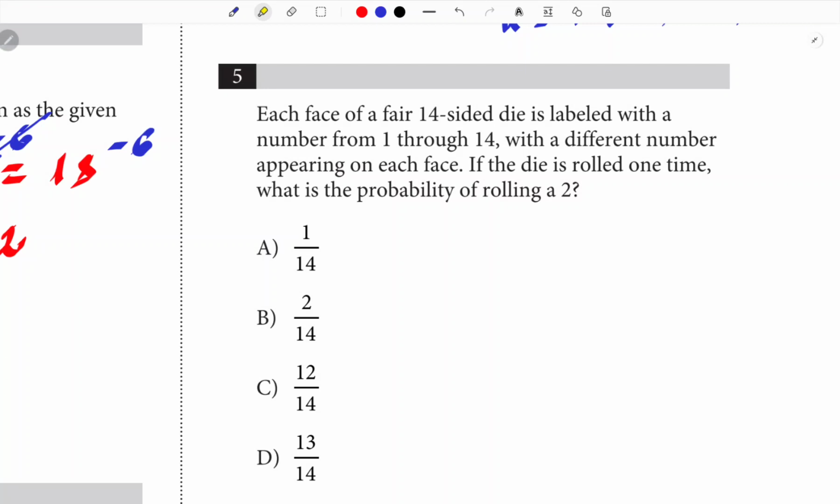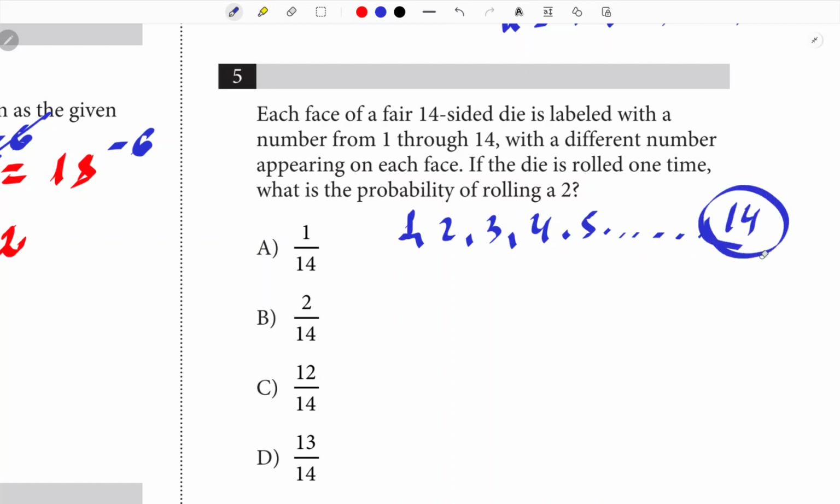It means 1, 2, 3, 4, 5, and at the end we can see 14. It asks what's the probability we see the 2 face. All possible outcomes are 14. 2 appears 1 time, so it means 1 over 14.